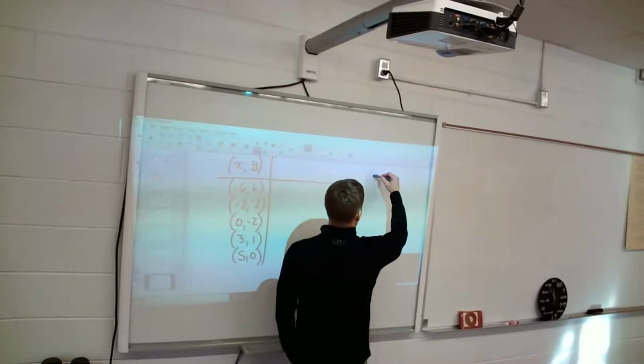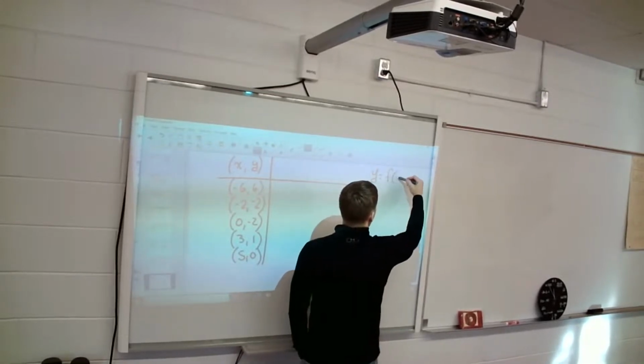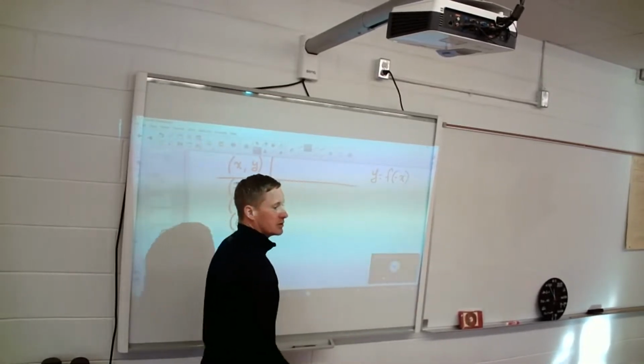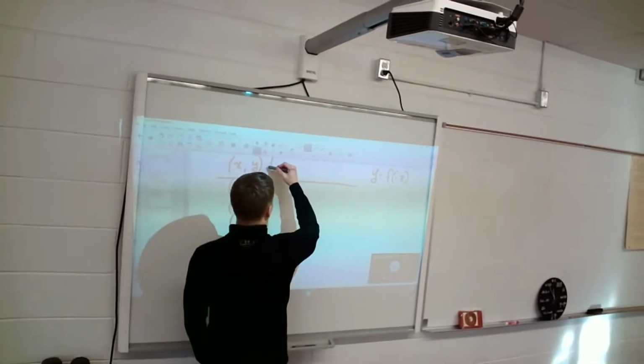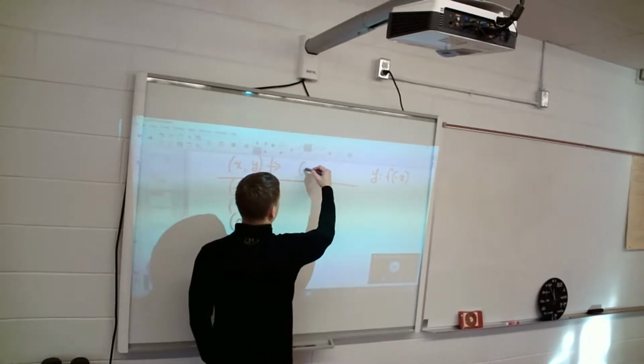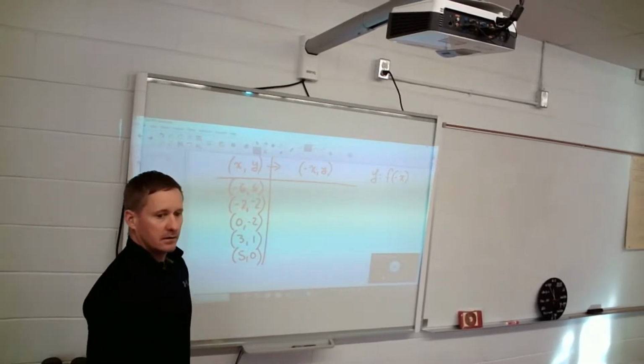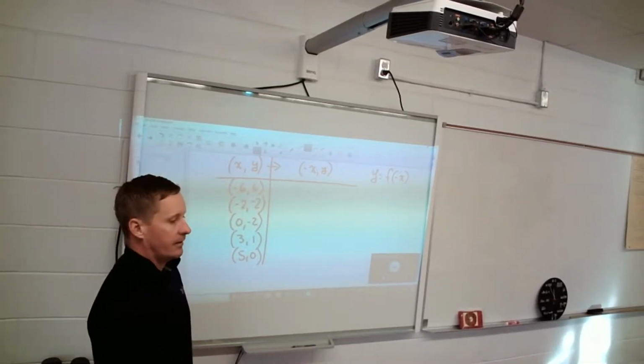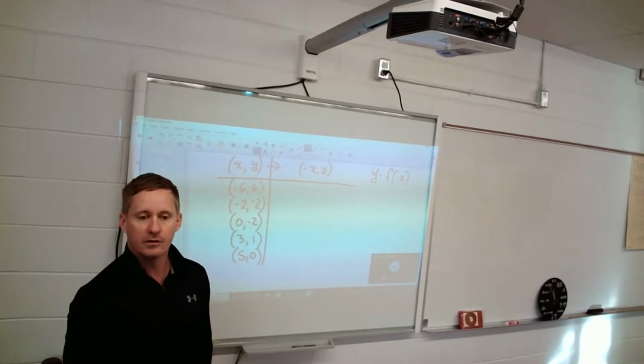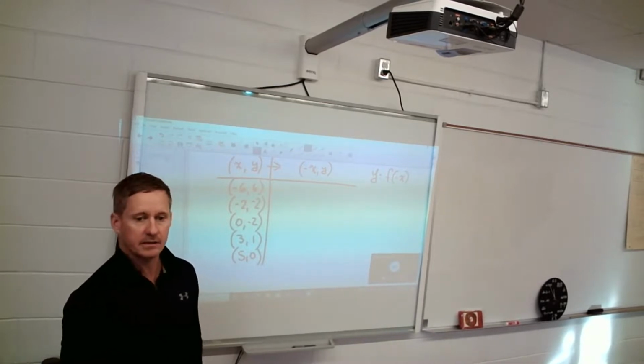Now, it said y equals f of negative x. So what that means is my x, y becomes negative x, y. So now all I have to do is change all my x values' signs.